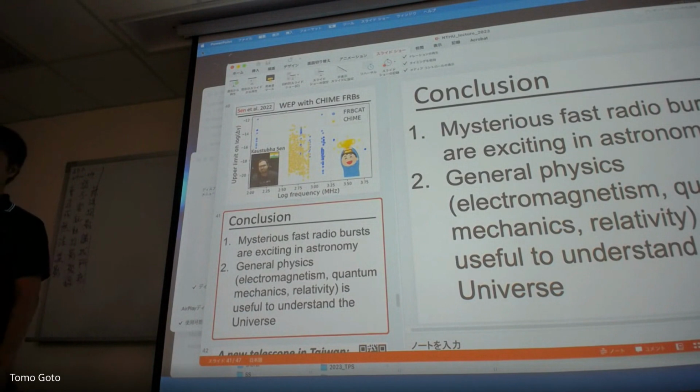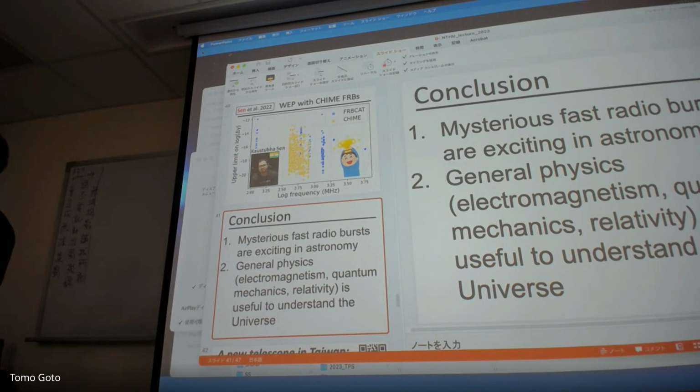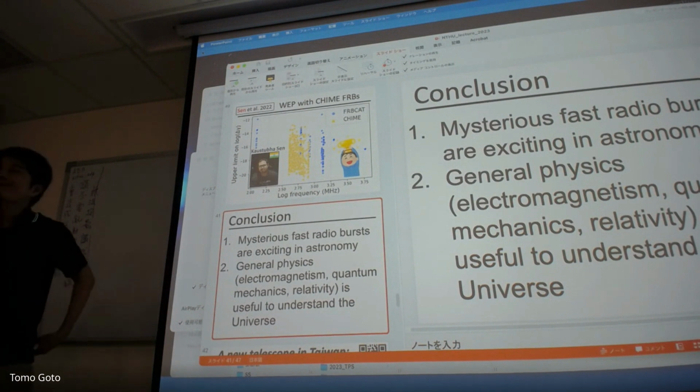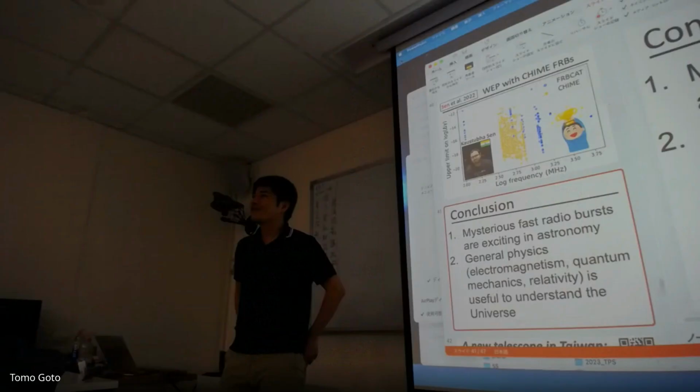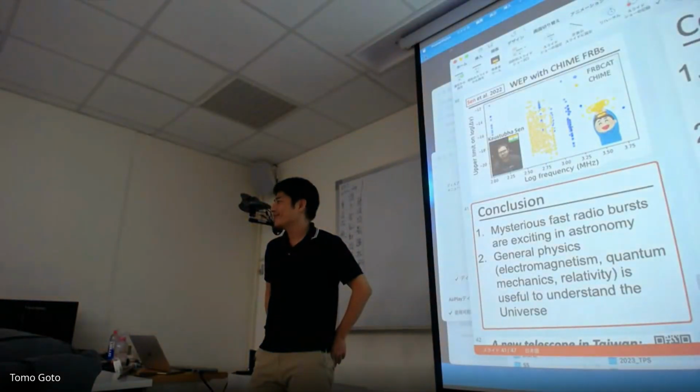We still have 2 minutes, so any quick questions? What got you interested in studying physics? Good question, it's a very good question. I just liked physics and science when I was in junior high.